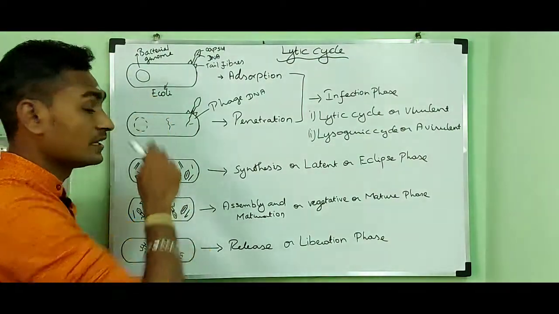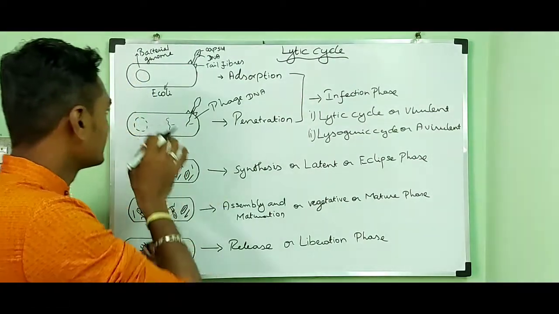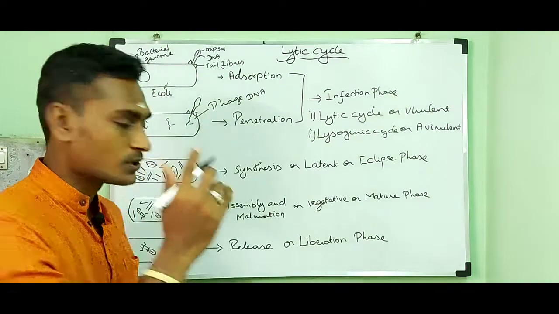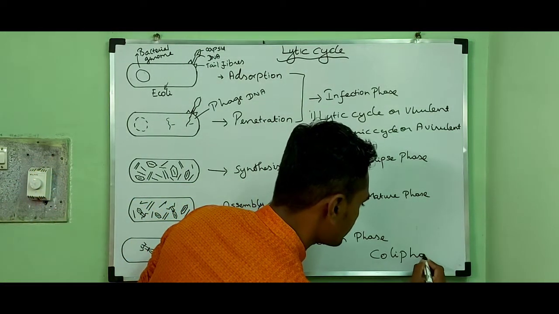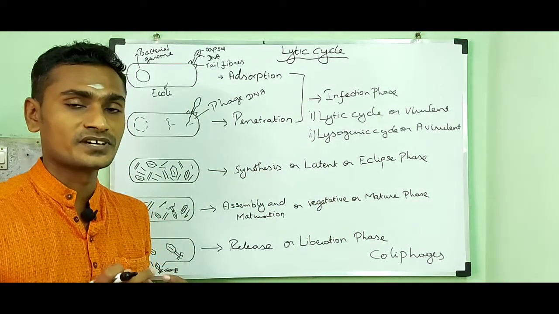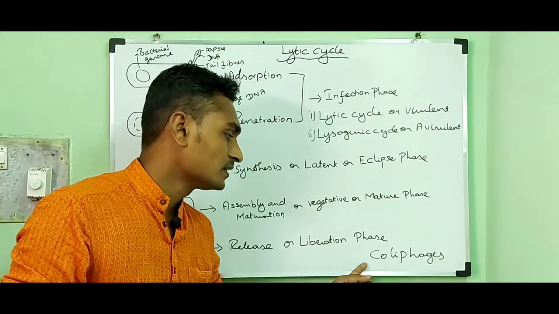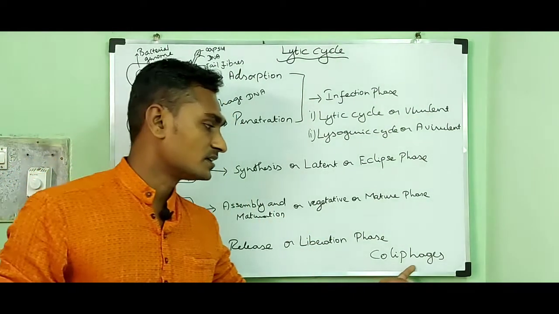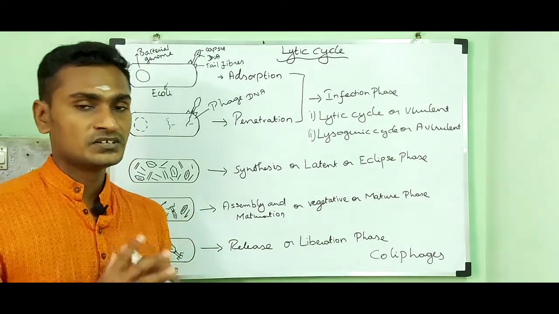A virus which can affect E. coli is called a coliphage. That means the T4 bacteriophage can infect the bacterium E. coli. That is why they are called coliphages.